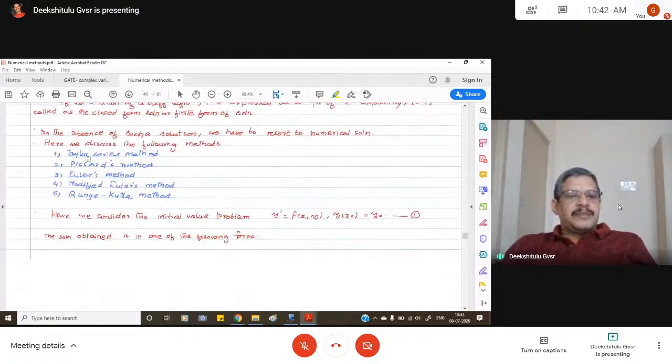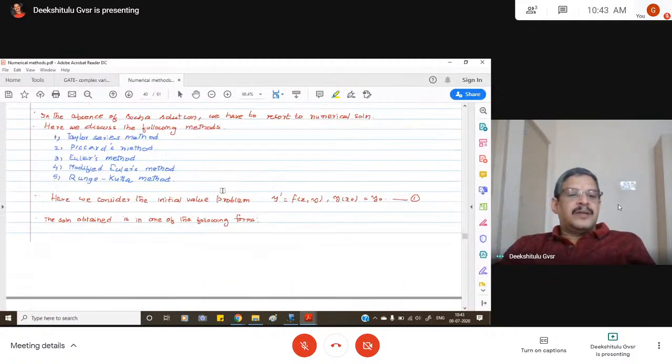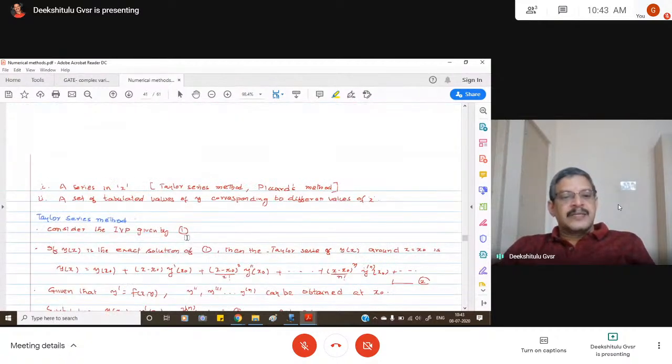Out of these 5 methods, the first 2 methods, Taylor series method and Picard's method, give a series solution, that is, in those methods we get the solution as a series in x. For the remaining methods, Euler's, modified Euler's and the Runge-Kutta methods, we get a set of tabulated values of y corresponding to different values of x.